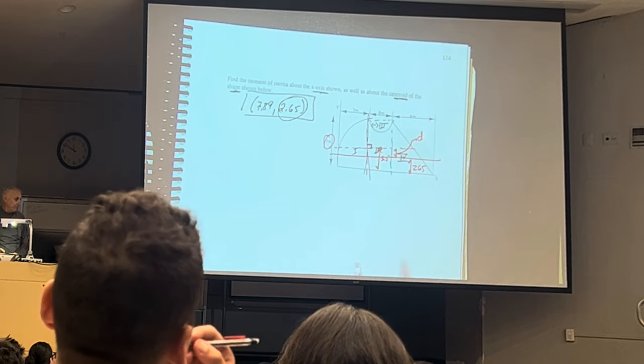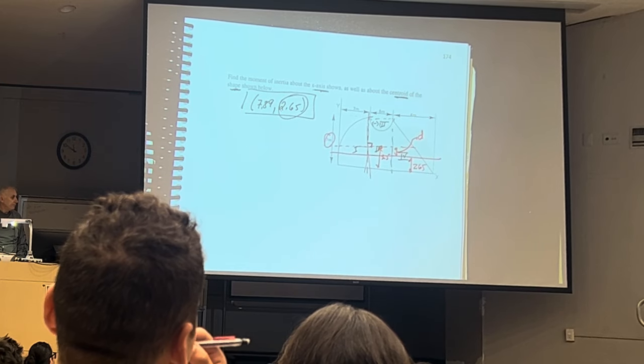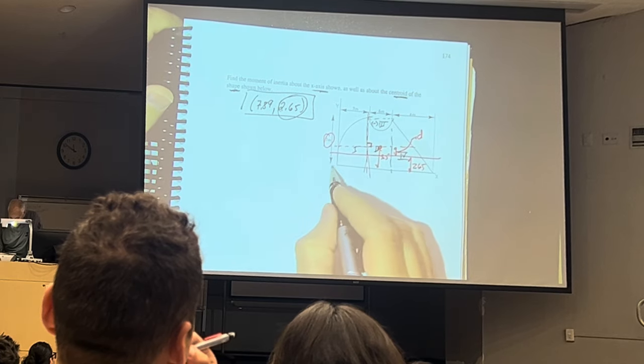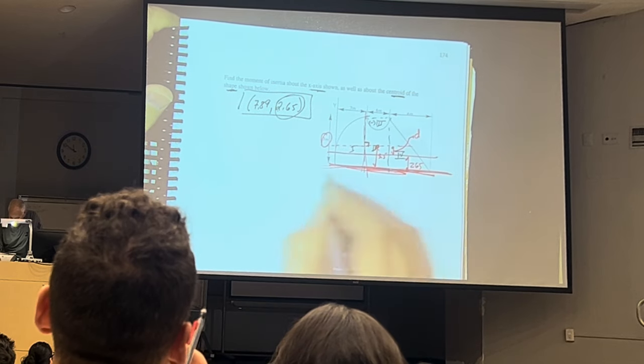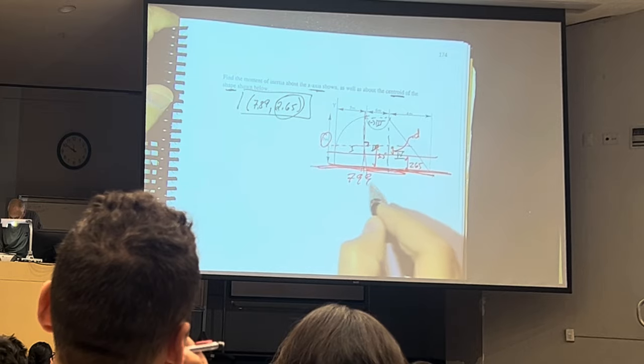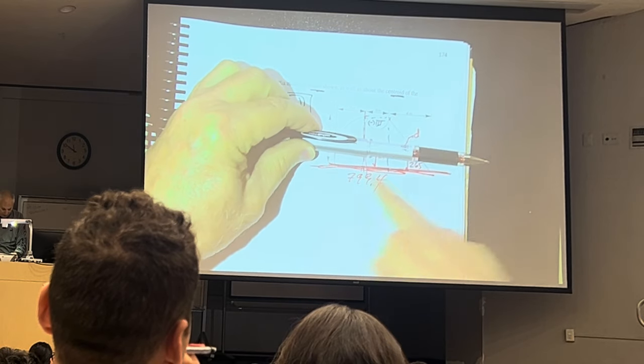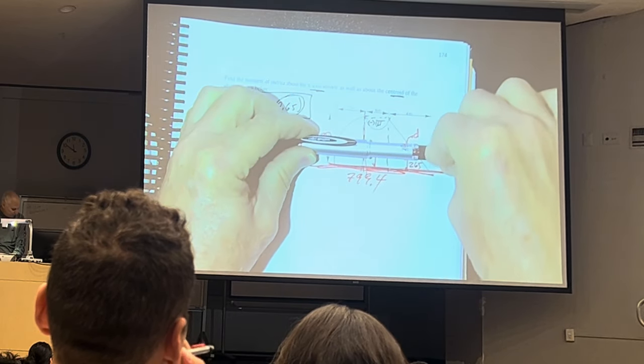No need anymore. Got it? Now, so what we just found was the I through here is 799.4. The I through the centroid of the figure, which is parallel to this, was 235.